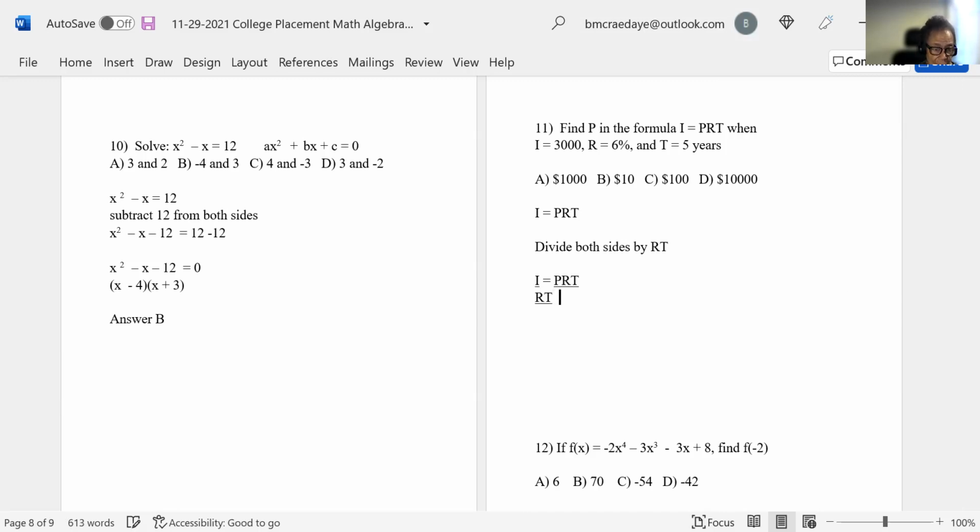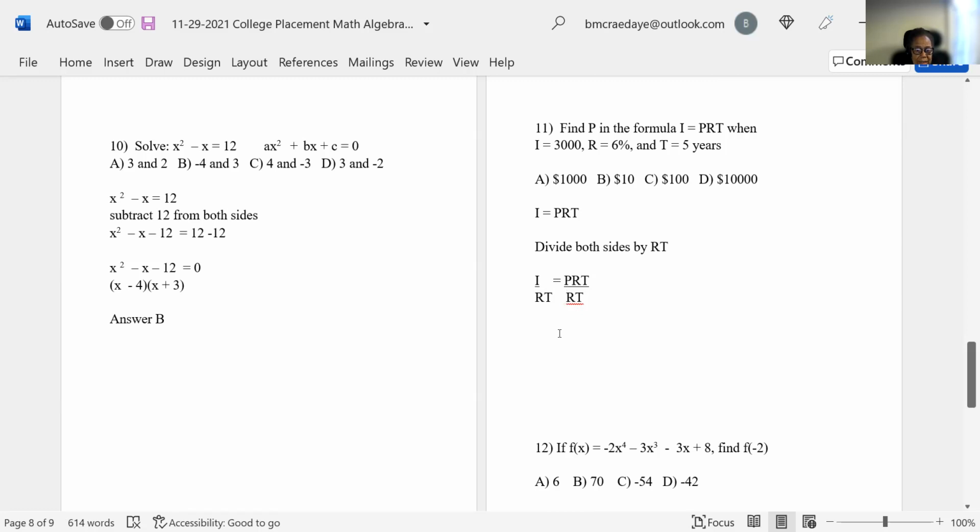T and RT right here. Next, different. So this becomes, let me just move this over, T. Okay. So this becomes P, RT over RT is just 1, right?